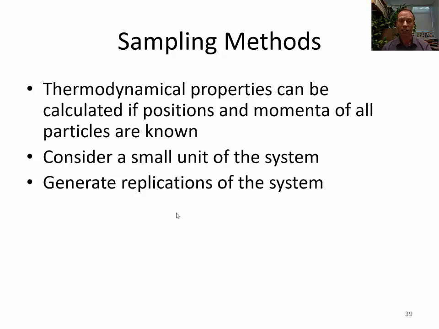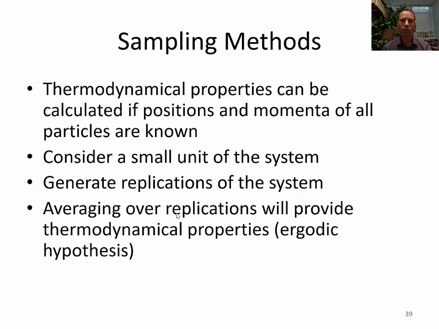You can generate lots of replications of this system, so you have lots of boxes with a protein in. And then if you take averages over all these boxes, which are all slightly different, then this will give you thermodynamic properties. And this is the so-called ergodic hypothesis, which says if you make enough replications, then you get the actual answer.